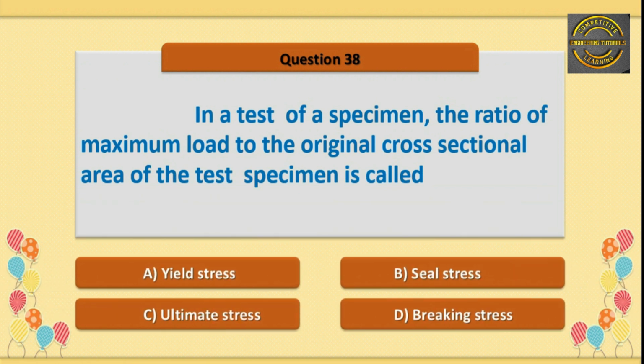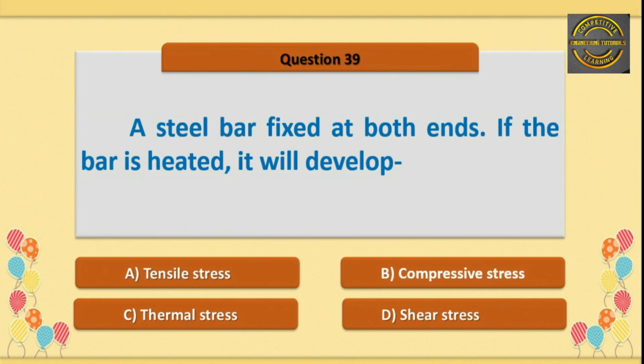Question number 38. In a test of a specimen, the ratio of maximum load to the original cross-sectional area of the test specimen is called. Option C is correct. Ultimate stress. Question number 39. A steel bar is fixed at both ends.